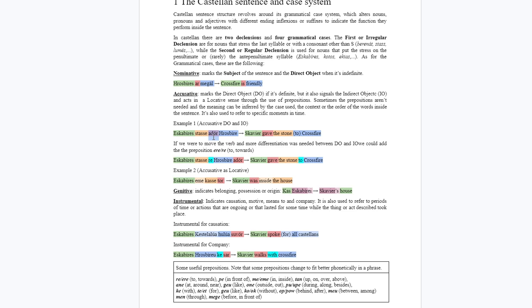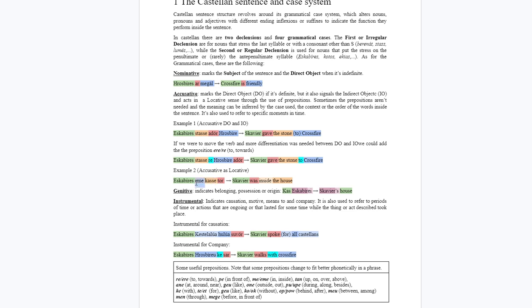So, for example, here as a locative we have an example: Escavires me casse tor. Scavier was inside the house. As you can see, stase, casse.